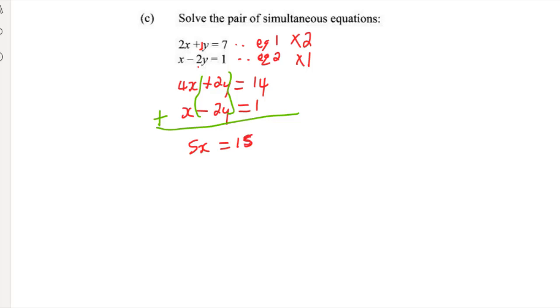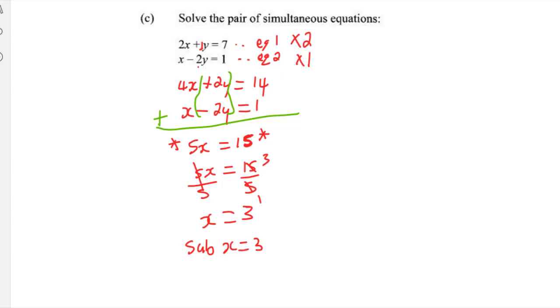So what we do now is divide by 5 on both sides. So we now have x equal 3.